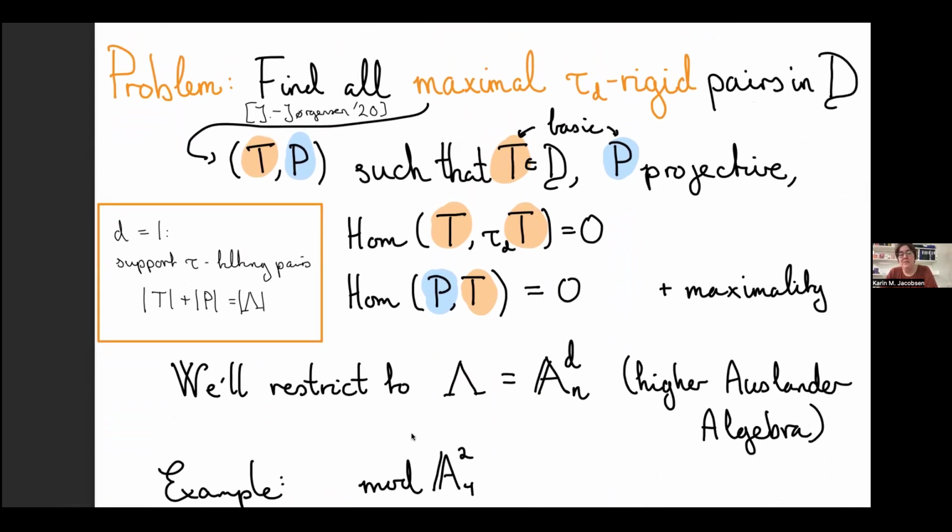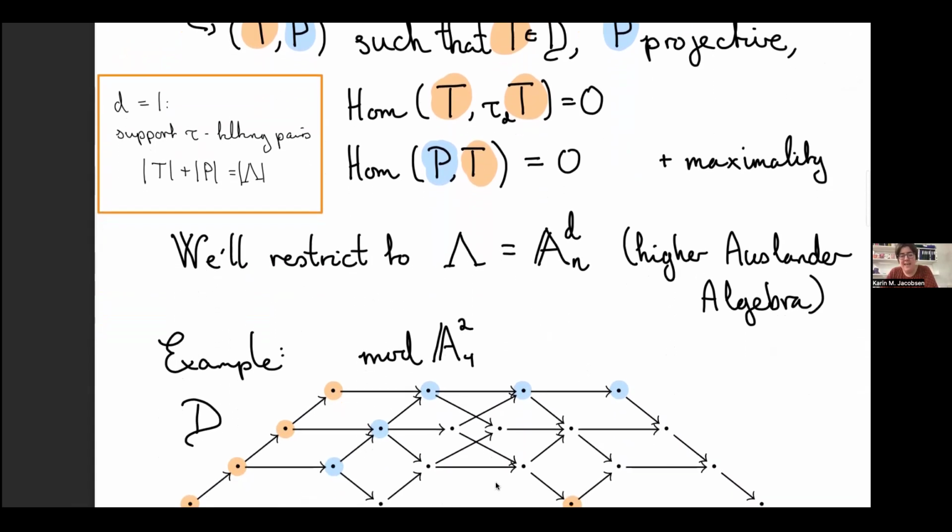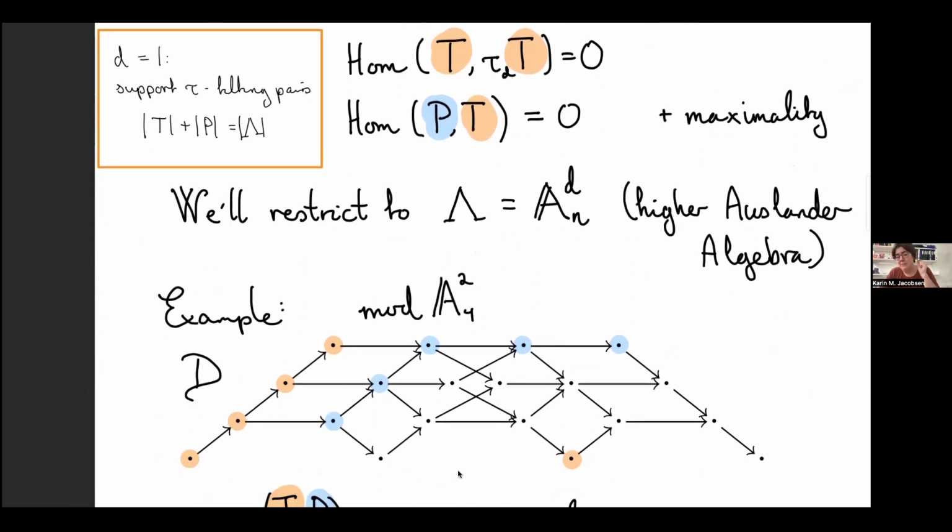For example, we could look at mod A_4^2. That is actually just the Auslander algebra of the module category of a linear type A4 algebra. It has a d-cluster tilting subcategory, specifically a 2-cluster tilting subcategory, which looks like this when you draw the AR quiver.